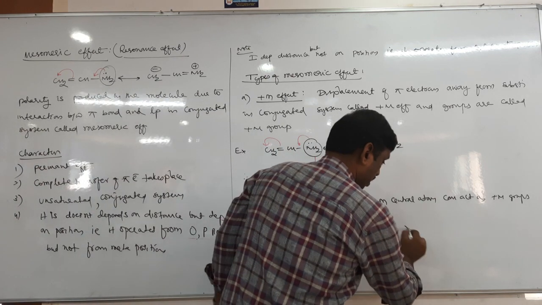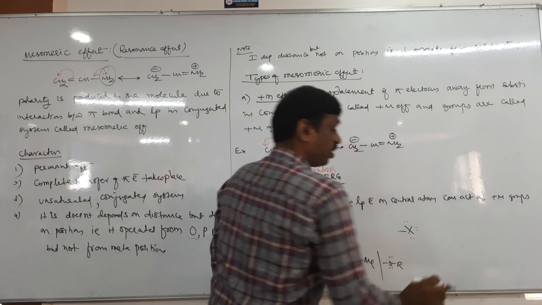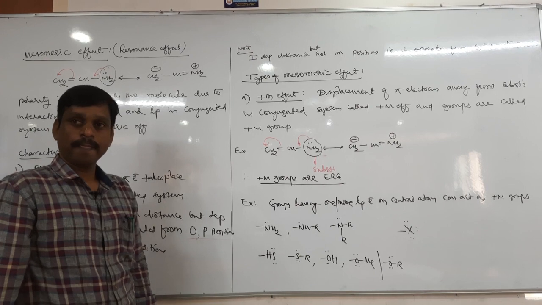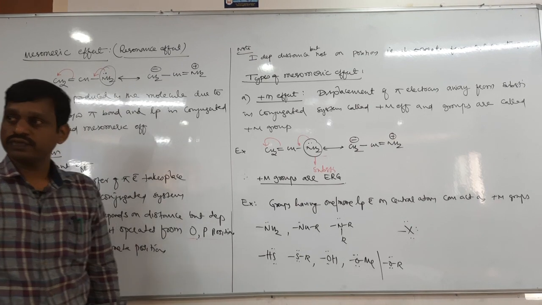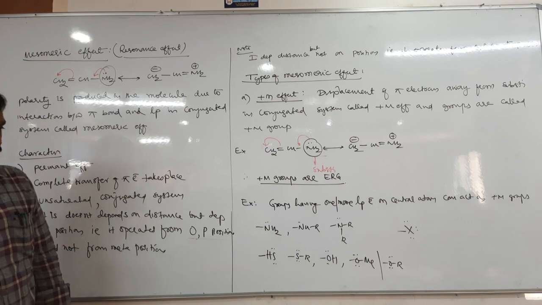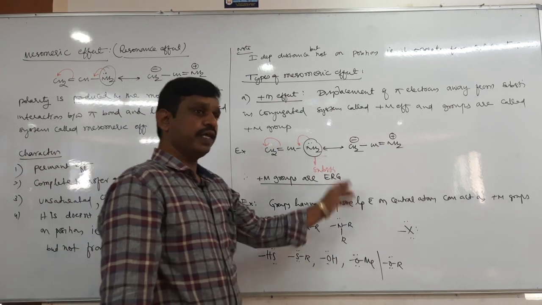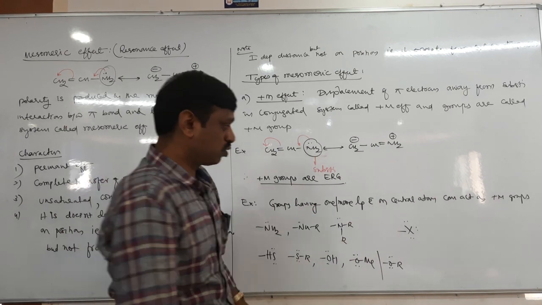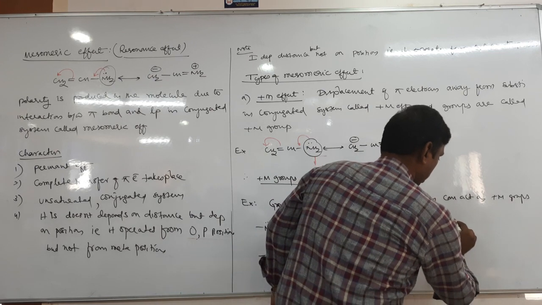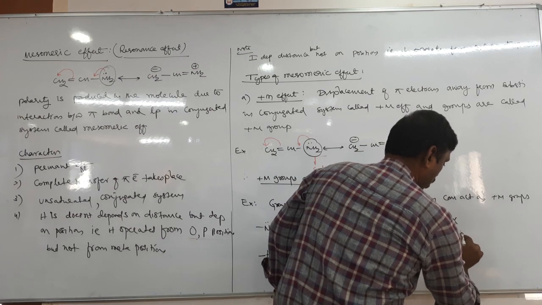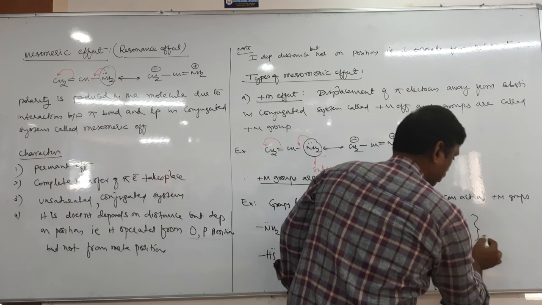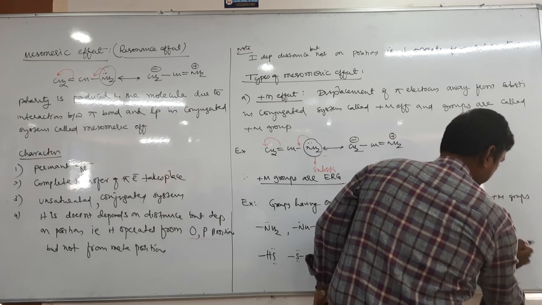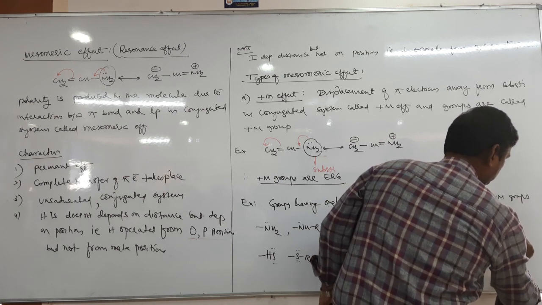Even important, halogen atoms having three lone pairs, which are also plus M groups. Yes or no? We'll study. So halogen is a plus M group here, but it also acts as minus I effect. So halogen and alkoxy groups exhibit plus M and even minus I, these two effects.